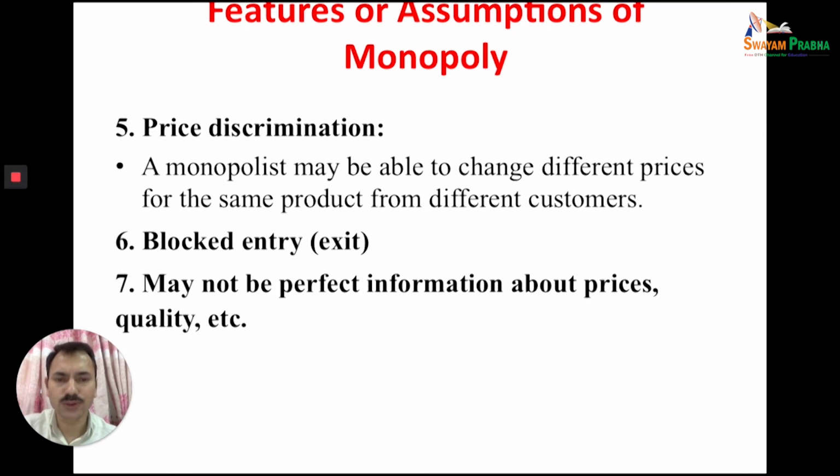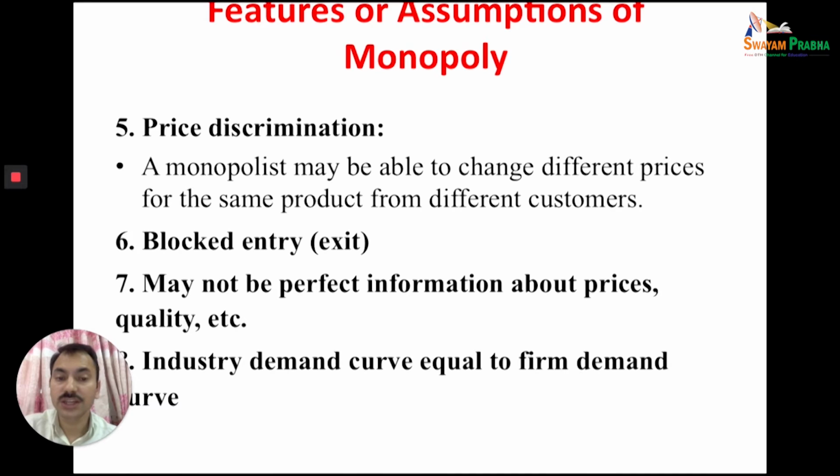When there is a possibility of profit, a firm can enter, and when there is a possibility of loss, a firm can exit, and the producer and consumer have full knowledge about the market, perfect information about the price and quality. But in monopoly, there may not be perfect information about the price and quality of the product.